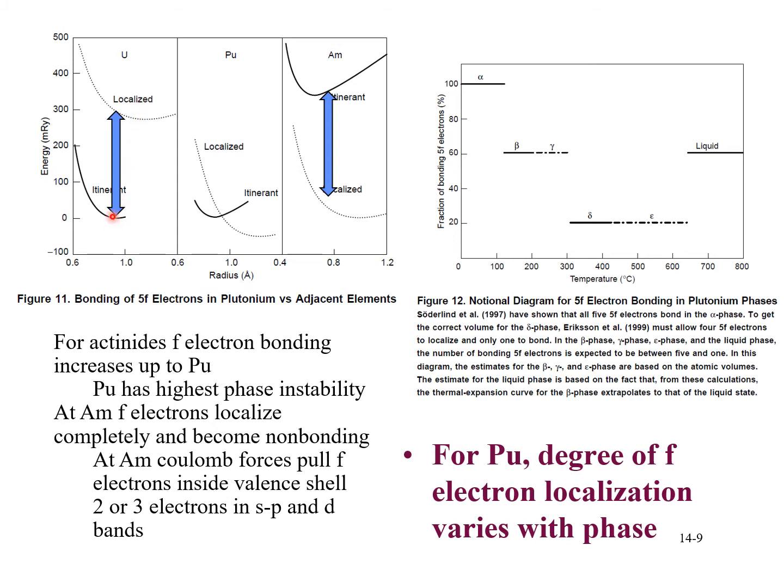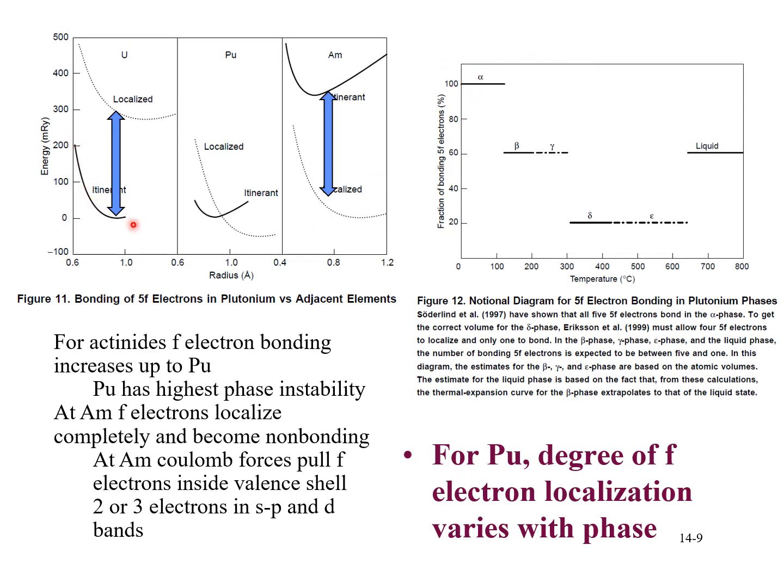The itinerant here is the stable phase. Over here we get a mixture of going from delocalized to localized, where in the americium the f electrons are more localized. And then here's fundamentally the fraction of 5f electrons involved in bonding. As we see, we start off with the alpha phase.